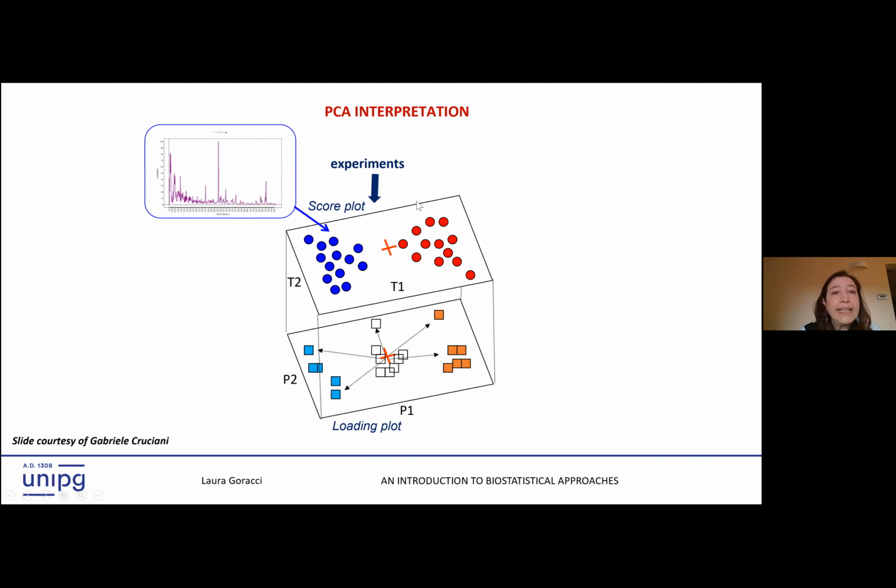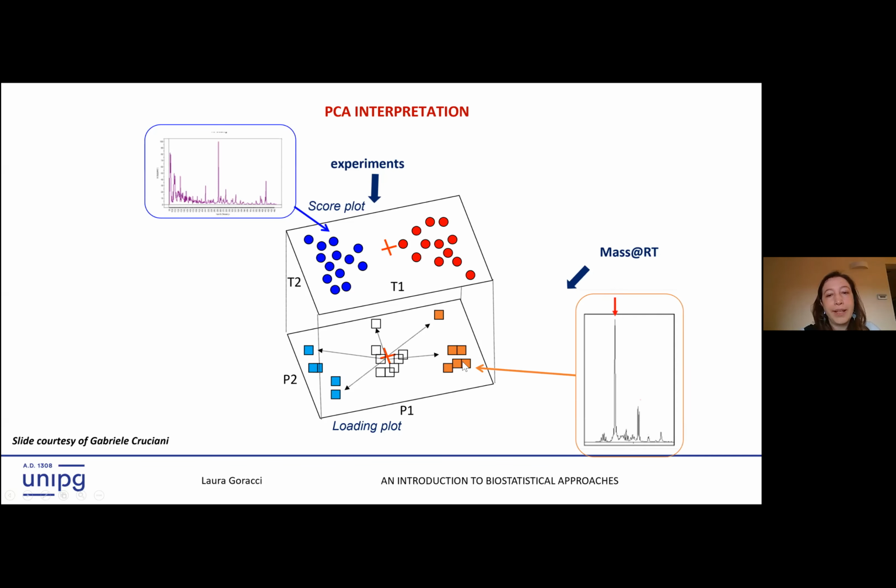Remember that your experiments are here and your variables are here, okay? And let's imagine that we are very happy because the separation of the blue and the red points was actually our goal in our experiment. And we want to interpret what is going on here. We have to go in the second level here.